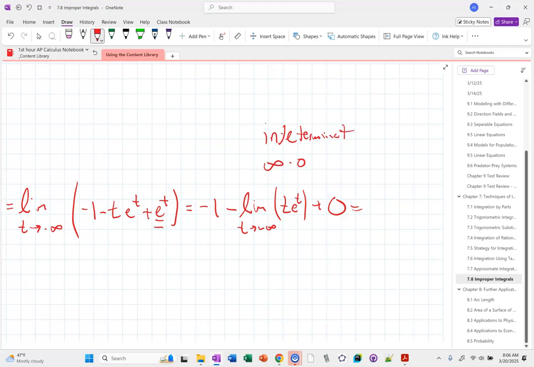Remember what that is? That's an indeterminate form. What did we have to use if we have to take the limit of an indeterminate form? L'Hopital, yeah. So what we'll do is I have to rewrite that now as like a fraction, right?